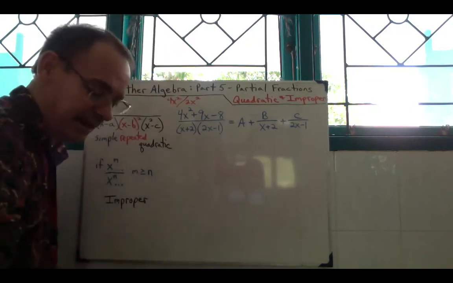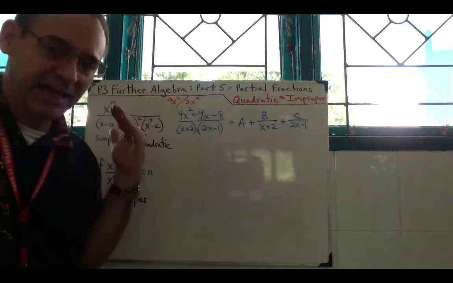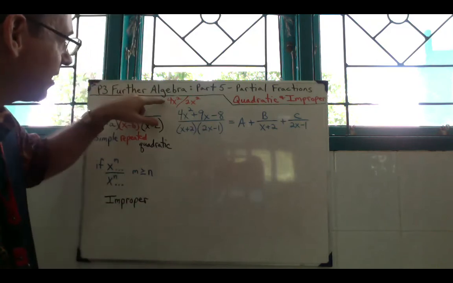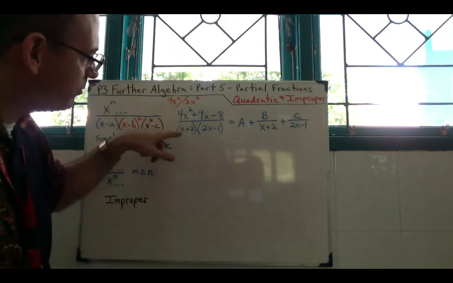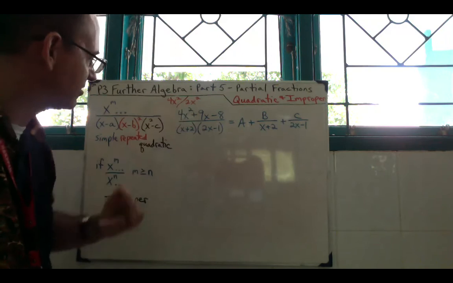And again, I said to make sure you ask this question at the beginning of every partial fractions. Look at the highest exponent on top. Look at what would be the highest exponent on the bottom. When you multiply x by x, you get x squared.